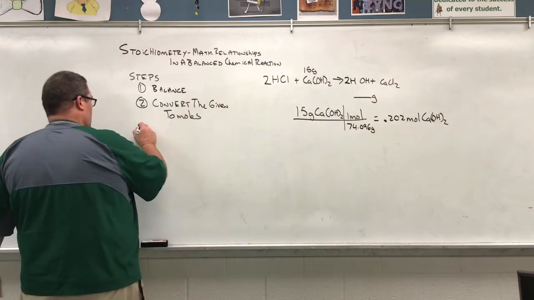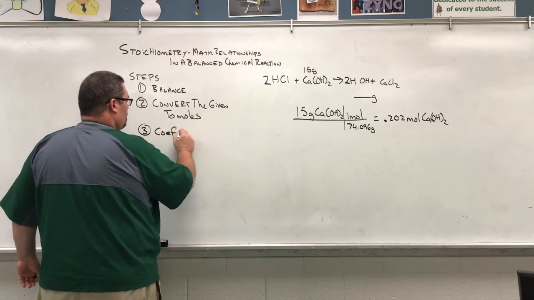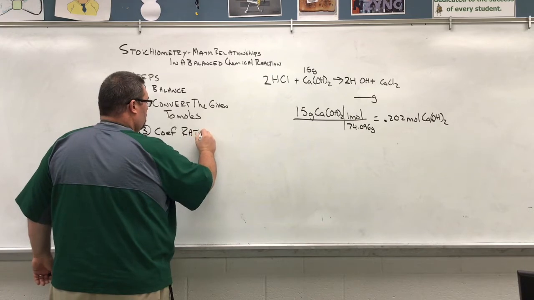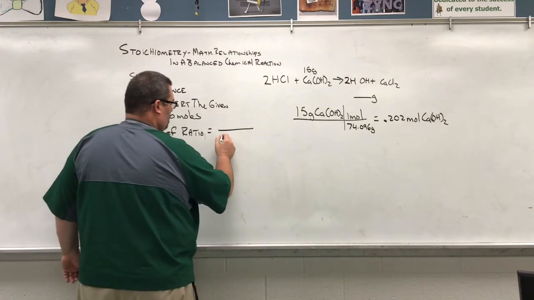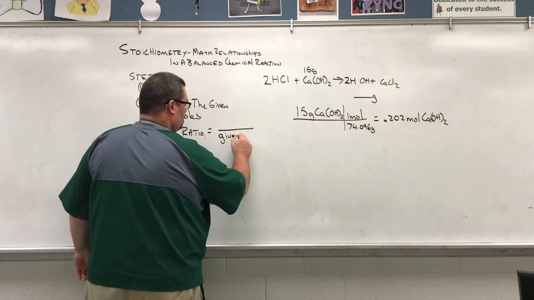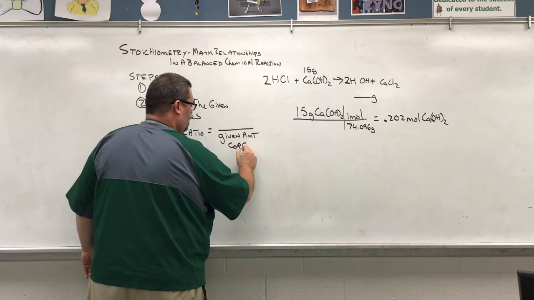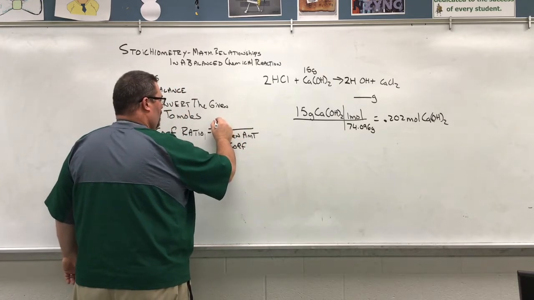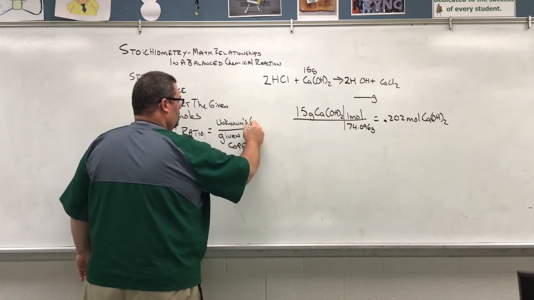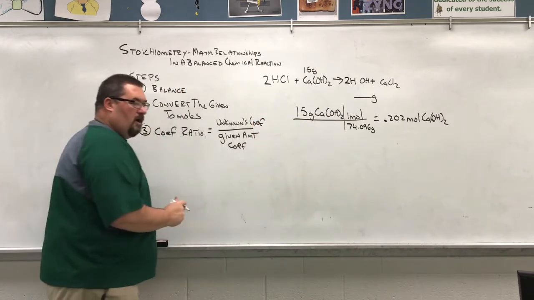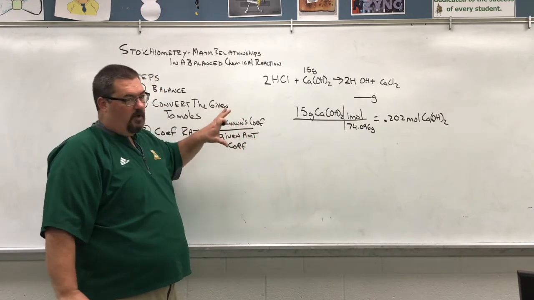And so I put this down as number 3 is the coefficient ratio, which is going to be equal to whatever our given amount coefficient, and then on top is our unknown, and our unknown is whatever we're solving for. Okay, don't overcomplicate this. The unknown is what you're solving for.